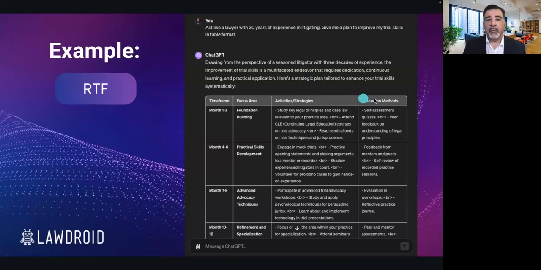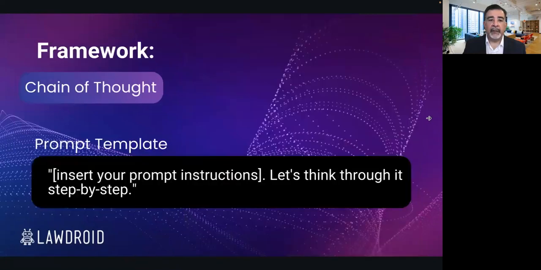So this is one method you could use to improve your prompting skills, the role task format framework. Another one is called chain of thought. Like you would think, you insert what you want it to do with instructions, and then you ask it to think through step by step how you're going to get to that result.